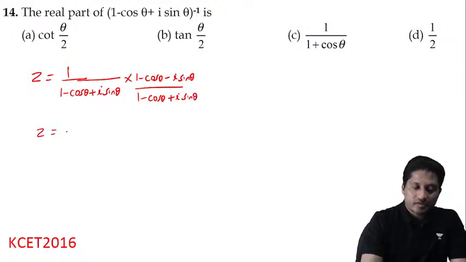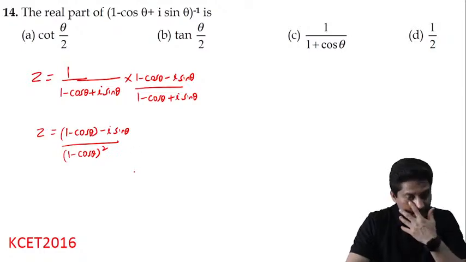So z is equal to 1 minus cos theta minus i sin theta, whole divided by, a plus b into a minus b is a square minus b square, (1 minus cos theta) whole square.